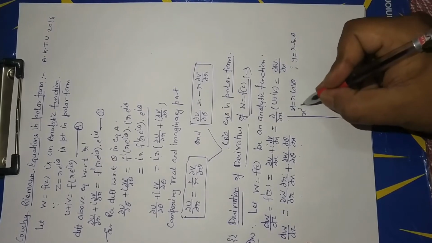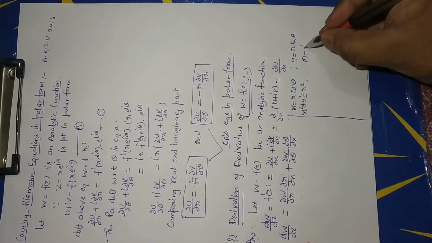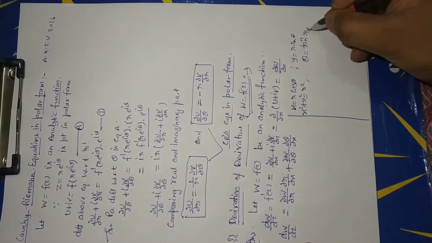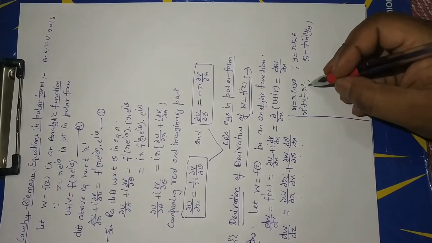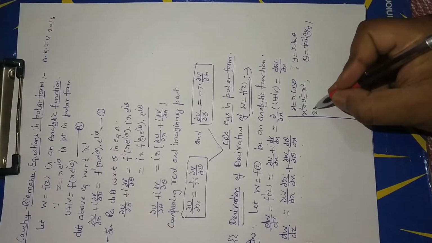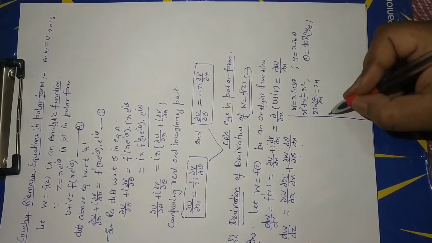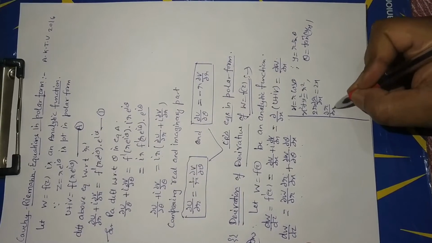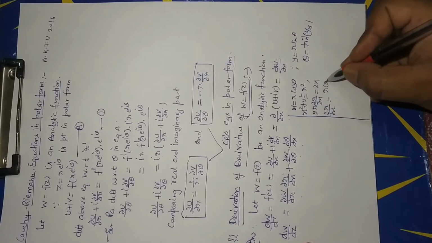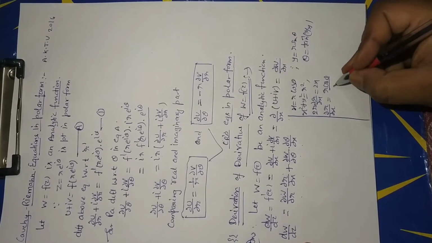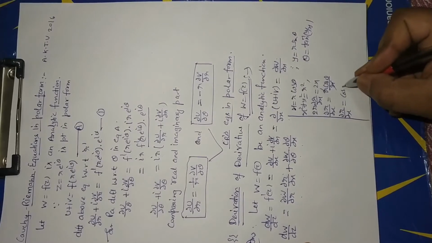Squaring both and adding, x square plus y square equal to r square, and dividing, we get theta equal to tan inverse y upon x. Now differentiate partially with respect to x: 2r del r upon del x equal to 2x, that is del r upon del x equal to x upon r. The value of x is r cos theta, upon r cancels. Now del r upon del x is equal to cos theta.